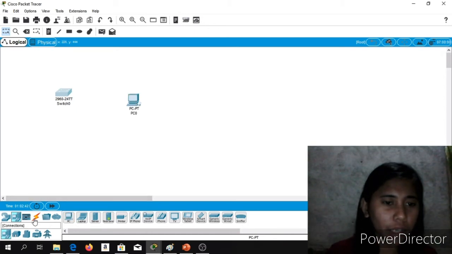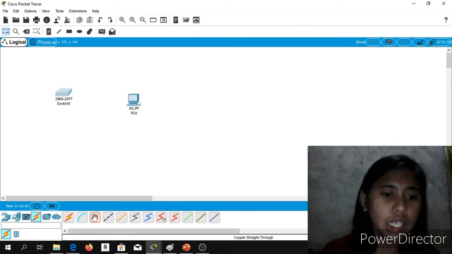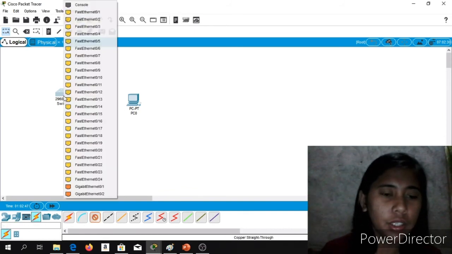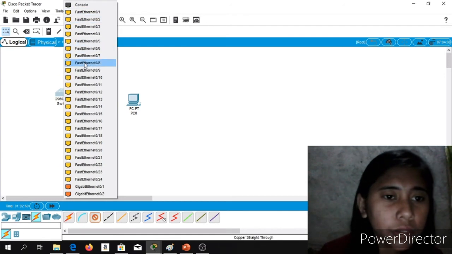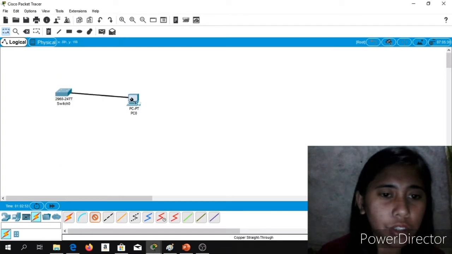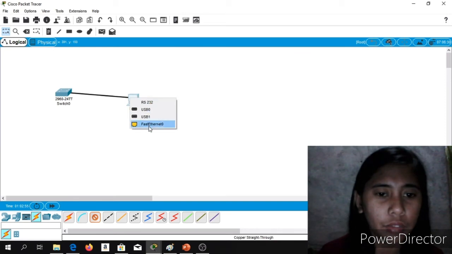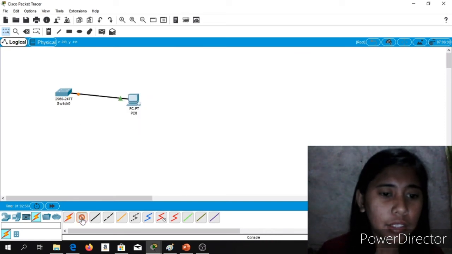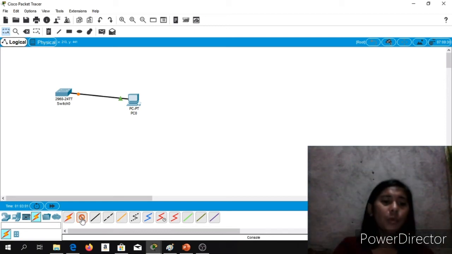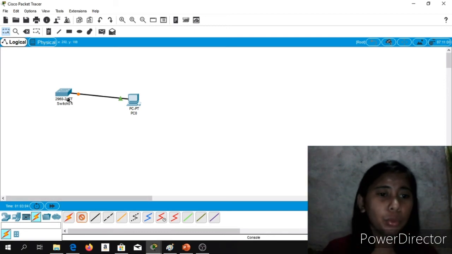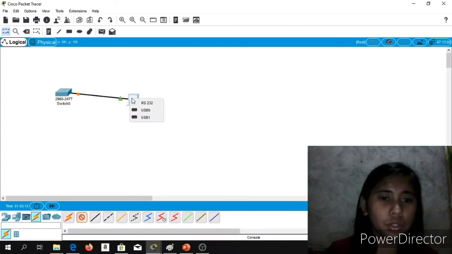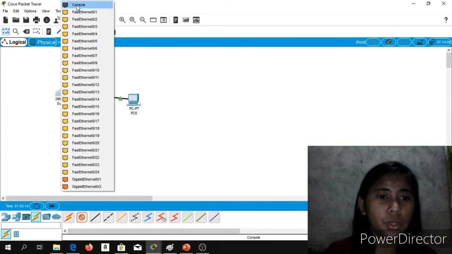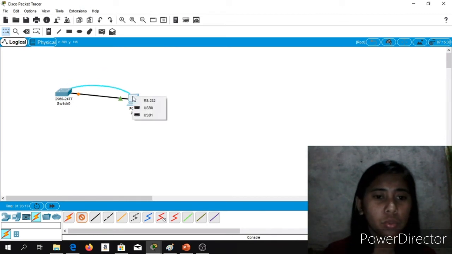Now I will connect them by using this. I will connect FastEthernet 0 and then FastEthernet 0, and then I will use this console, which is this color blue, console to R2.